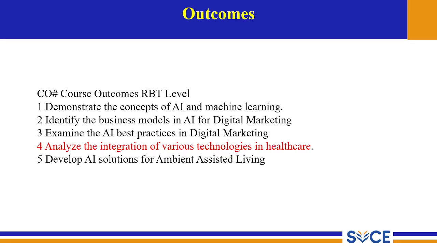So the outcomes are a mix of theoretical knowledge, practical application, and design skills. By the end, you will not just know what AI in healthcare is, but you will also be able to think critically and even design simple AI solutions for real problems.